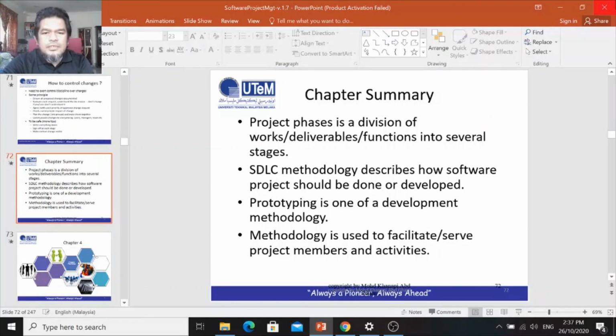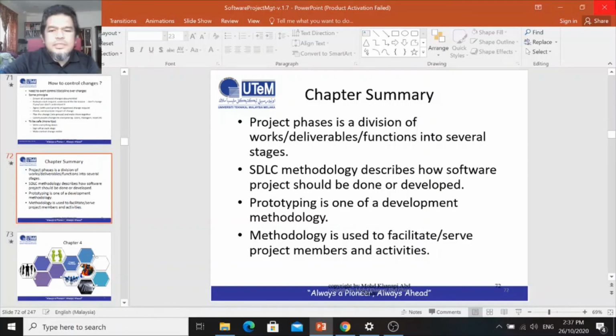Why do we need phases? Because we want to make sure that the project is a success. Dividing the project life cycle into phases will help you a lot. It will help you to manage the project in a proper, good manner, and it will reduce a lot of time.